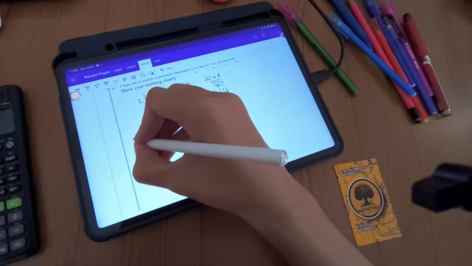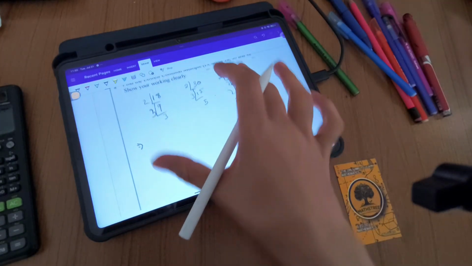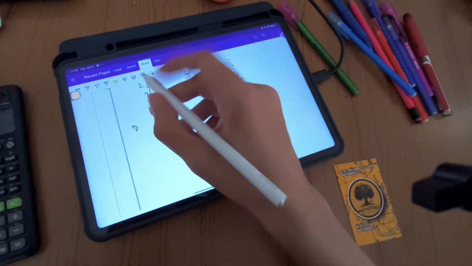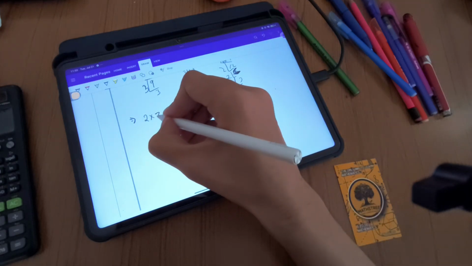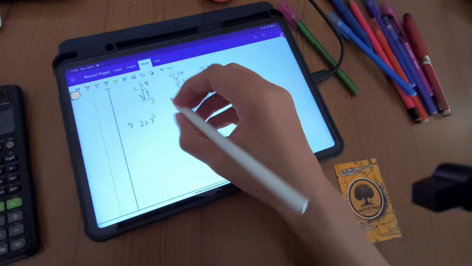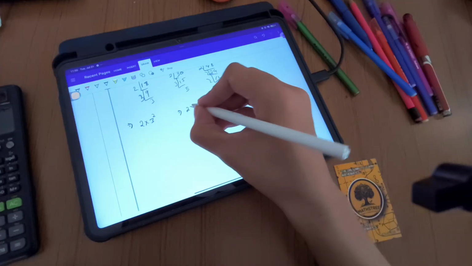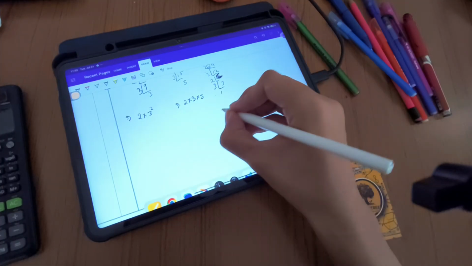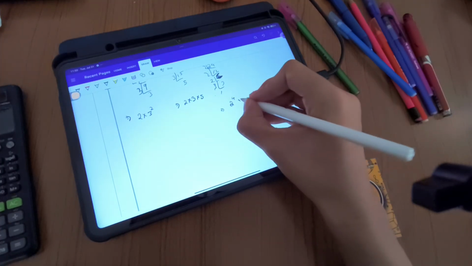We write these as products of prime factors: 2 into 3 square, then 2 into 3 into 5, then 2 to the power 4 into 3.